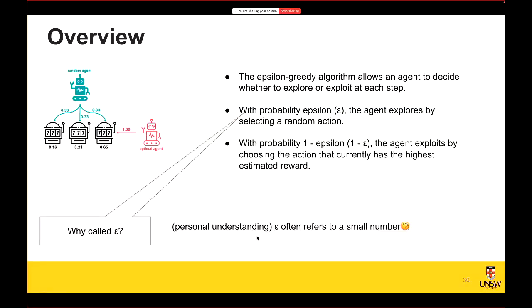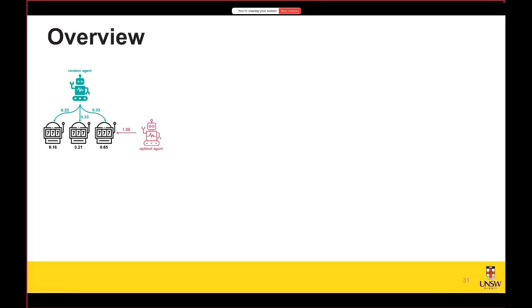So if we have a small number, we use epsilon to denote that number. In this algorithm, this probabilistic epsilon should be a small number, and we will learn about why later.